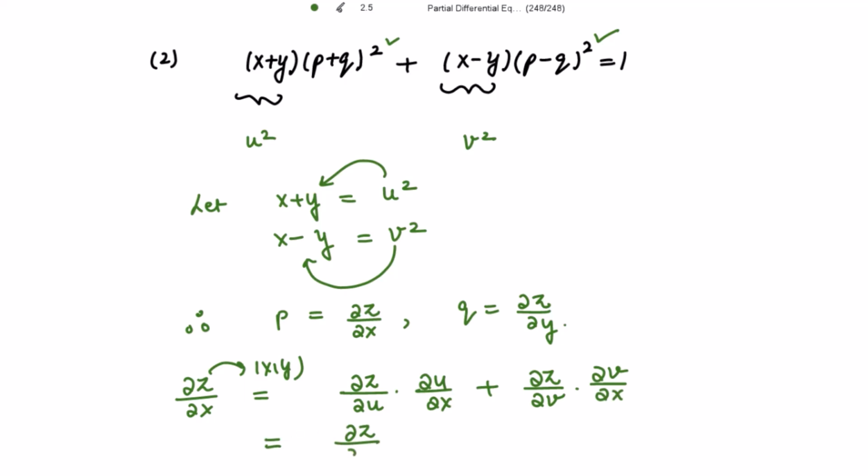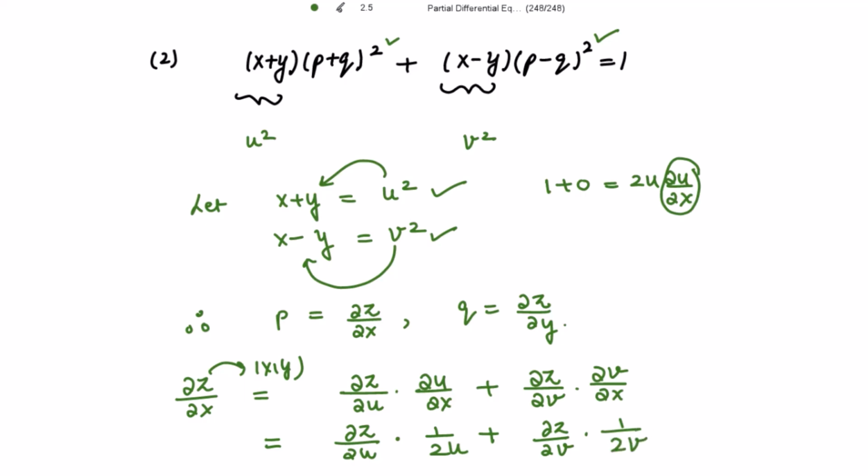Del z by del u, as it is we cannot find this, and del u by del x, from here, if we differentiate both the sides with respect to x, we get 1 plus 0 equals 2u del u by del x. So del u by del x will be 1 divided by 2u. Similarly, del z by del v could not be found out, so del v by del x, from here we have again 1 divided by 2v.